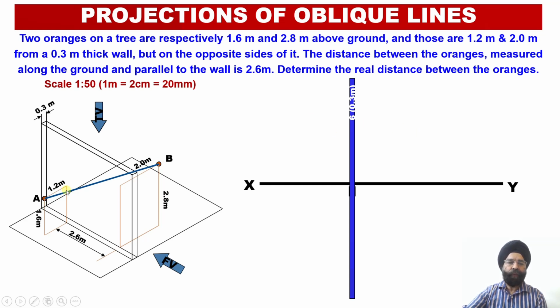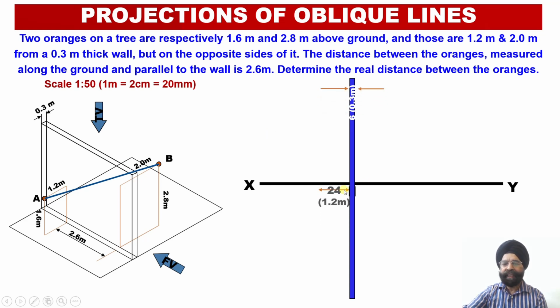Corresponding to this wall, orange A is located on the left hand side at a distance of 1.2 meter away from this wall. 1.2 meter means that this is a distance of 24 millimeter away from this wall, and at a height of 1.6 meter. The height of 1.6 meter means 32 millimeter above the ground.